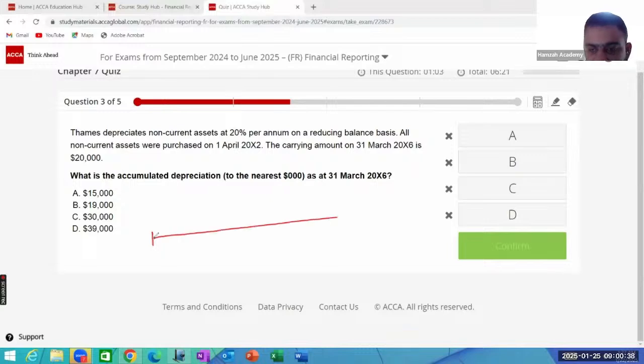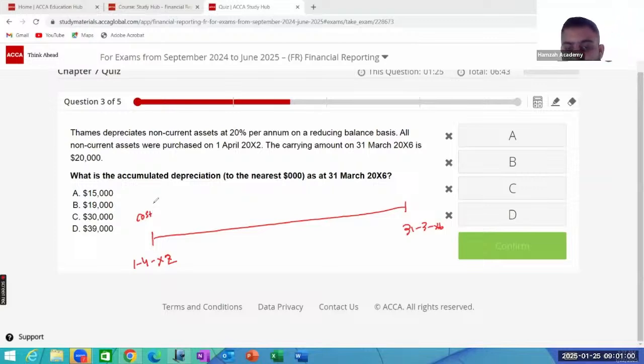Now, let's say we have this time series. Asset purchased on 1st April X2, and this is 31st March X6. We do not know at what cost they purchased it.